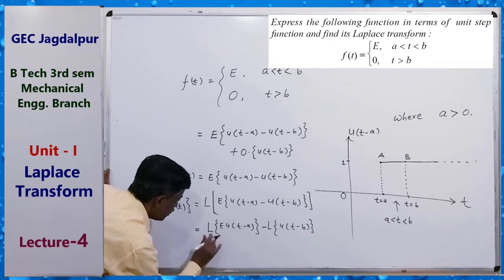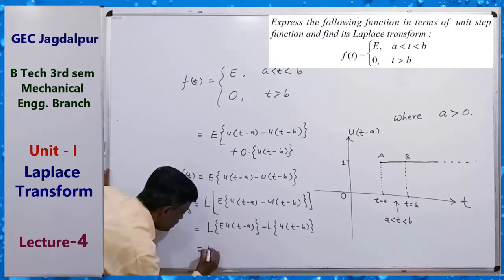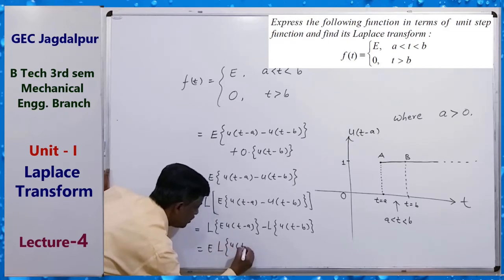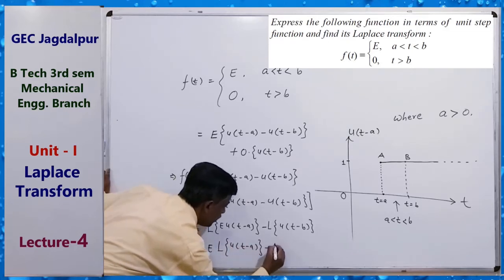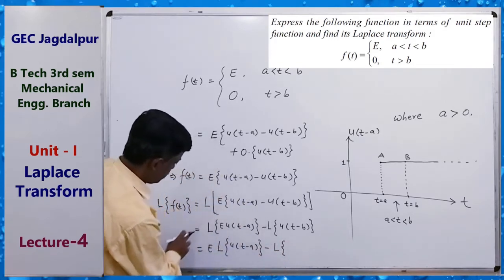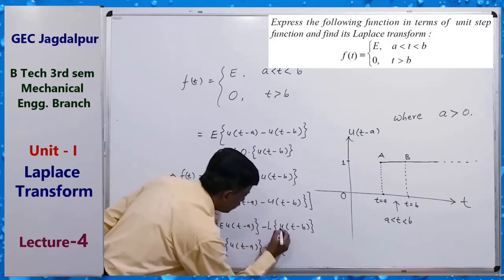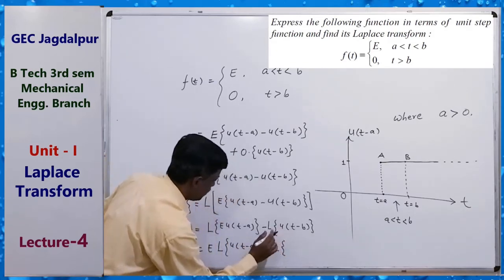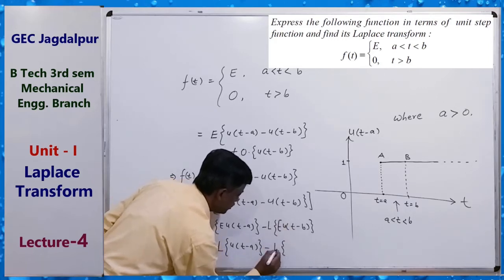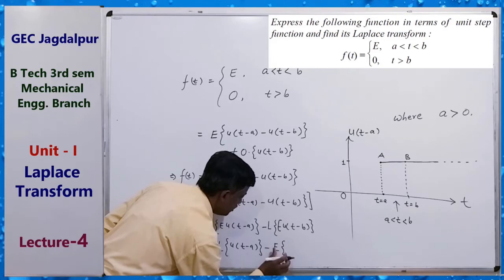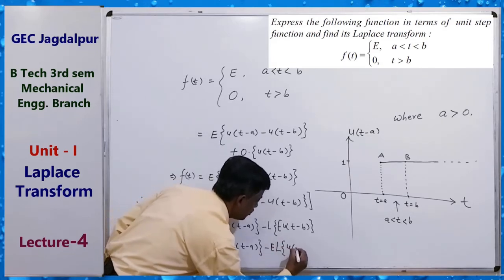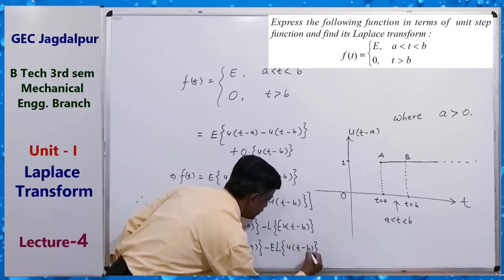By linearity, since E is a constant, E comes outside, and E is common on both parts, so it is common, with the Laplace transform of u(t-a) and the Laplace transform of u(t-b).